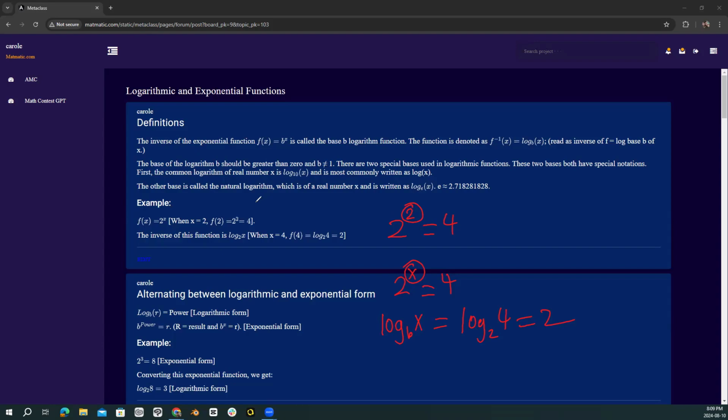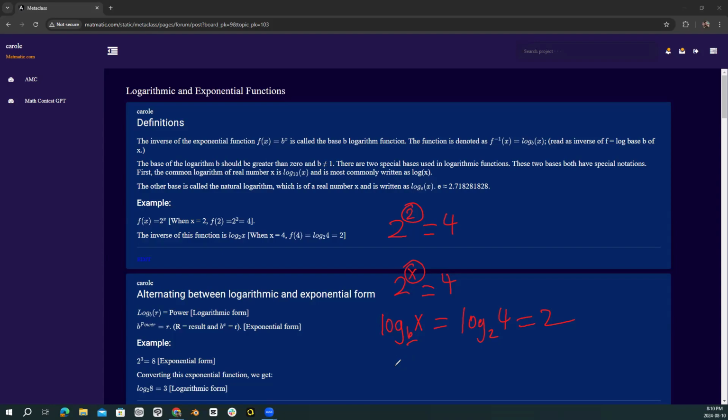And the base of the logarithm b, as you can see right here, should always be greater than 0, and it should never equal 1, because that just kind of ruins the point of the logarithm function.